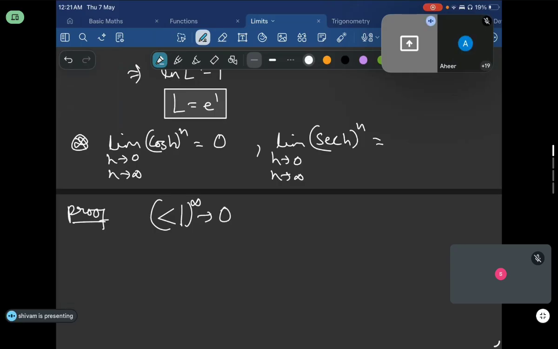Right, tell me, everyone. Now tell me, what is limit h tends to 0 and n tends to infinity of sec h whole to the power n? If you understood the first one, you should be able to answer the second one. Raise your hand.